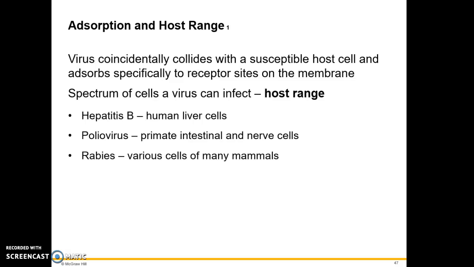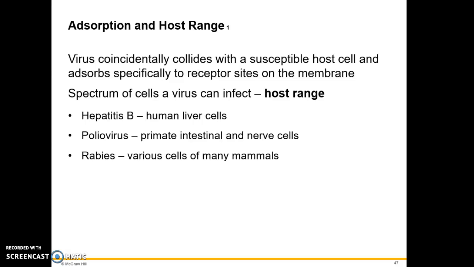There are usually going to be receptor sites on the host cell membrane, and the range of the hosts, or the variety or spectrum of the cells that a virus is able to infect, that's called the host range. So if you have a certain family of animals that a particular virus can infect, that family of animals would be the host range.